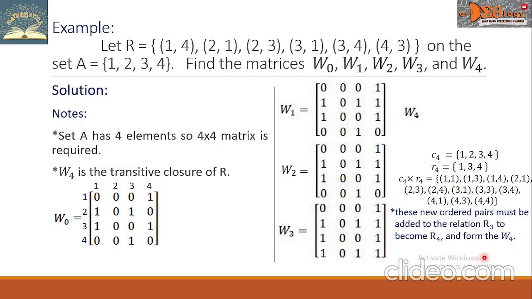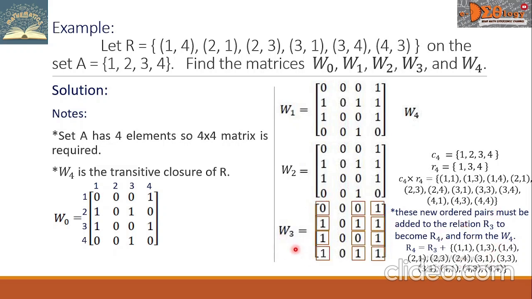Just to show, we will write that R sub 4 is equal to the R sub 3 plus the new ordered pairs from this Cartesian product. Let us now identify the seats of the new ordered pairs in the matrix W sub 3. And these are the seats of its new ordered pairs. We can see that some of them have 0, some of them have 1.